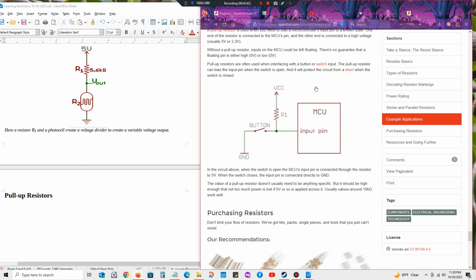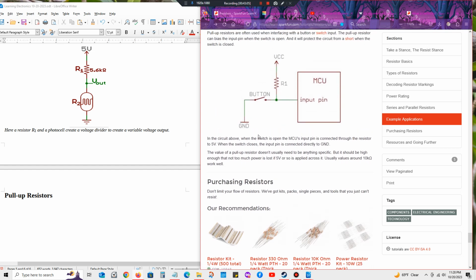And so it says that the pull-up resistor, oh yeah, I think I read that. It will protect the circuit from a short when the switch is closed. So I believe this is open, and if it's down, connected, it's closed. Or it might be the other way. Maybe this is closed, and when it's connected, it's open. You know how that stuff can be opposite.